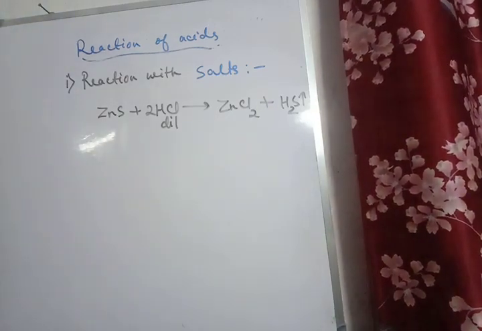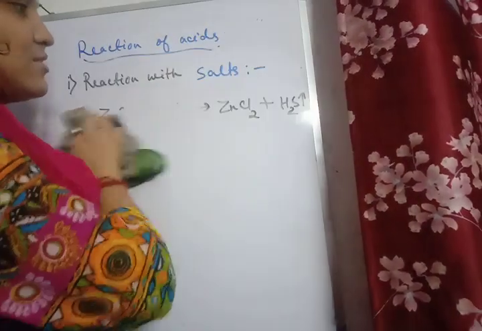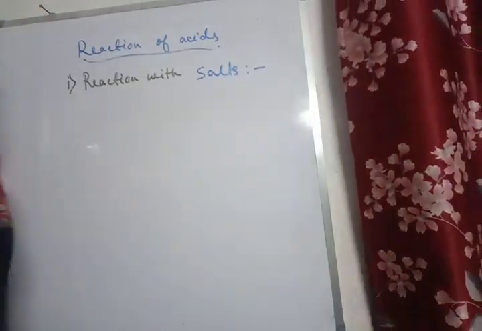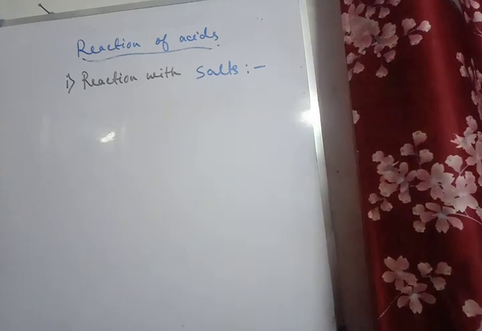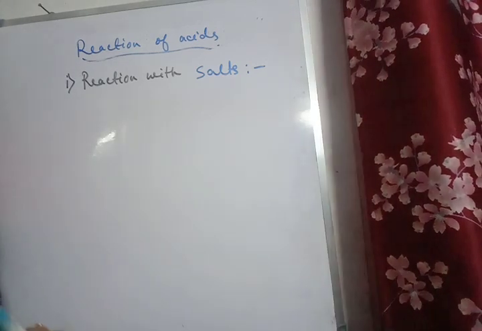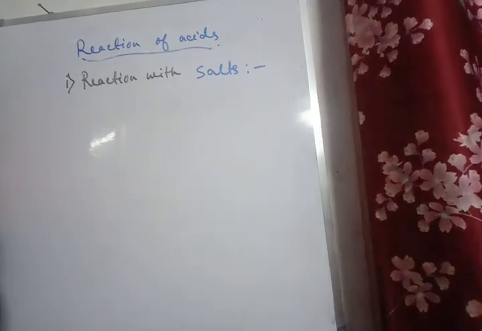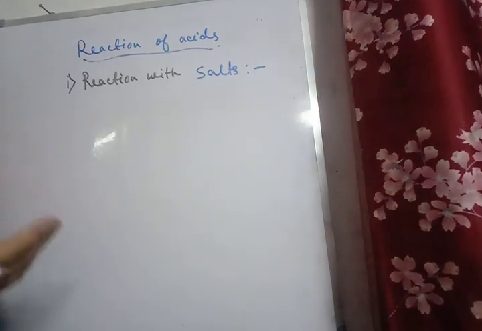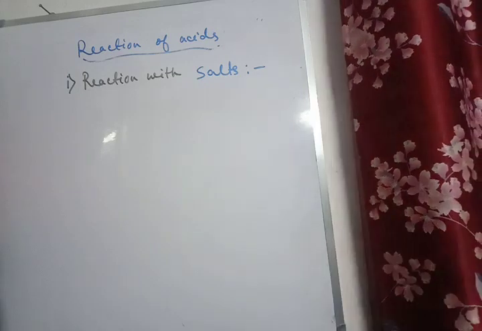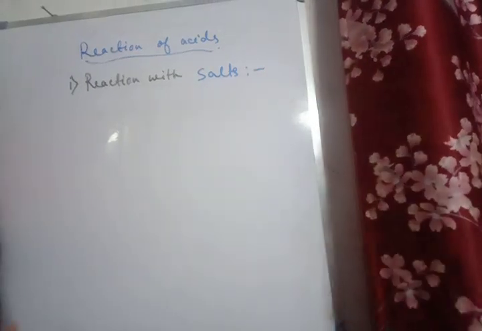Next is reaction with chlorides and nitrates. Now chlorides do not react with dilute acid, they react only with the concentrated acids, right? And nitrates usually react with concentrated acids except lead nitrate.